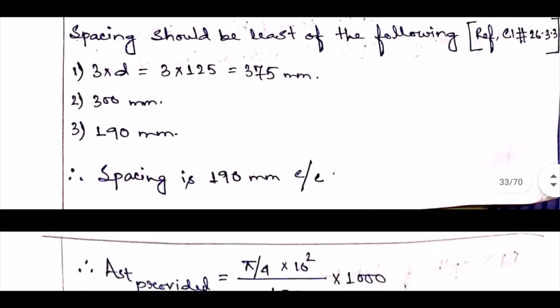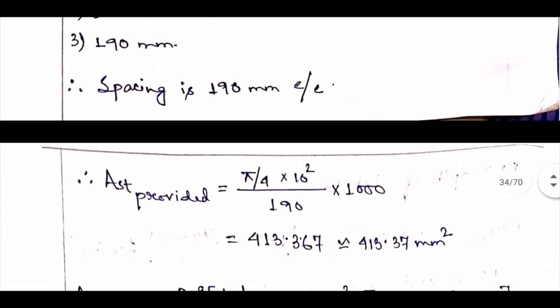Now the AST provided is pi by 4 into 10 square by 190 into 1000, that is equals to 413.367 or 413.37 mm square. This is the provided AST.